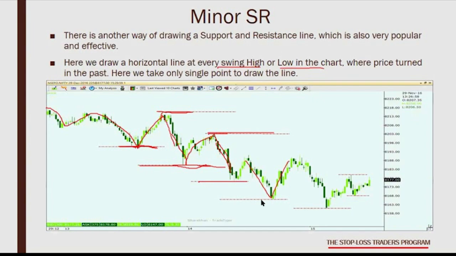Similarly, when price was moving up, it reacted from this level and came down. Again it went up, hit this level and came down. So if we connect this point and this point, we get our major resistance. Major support areas are those where price bounced a couple of times.